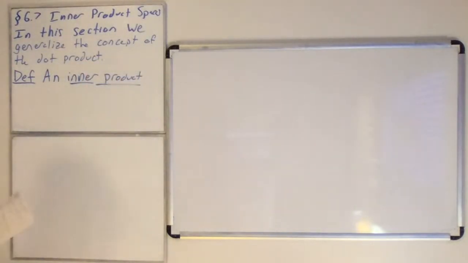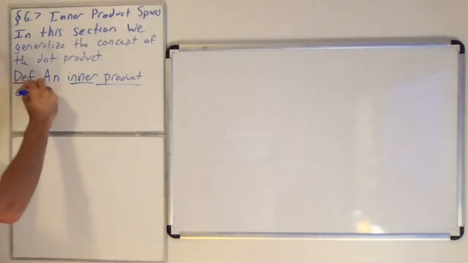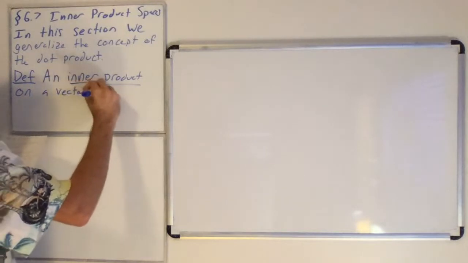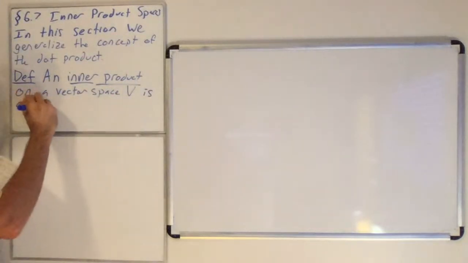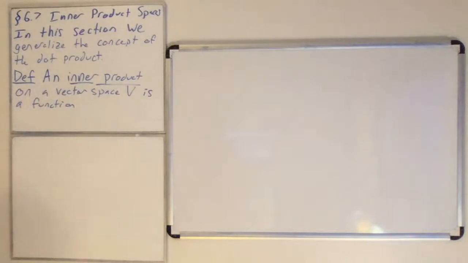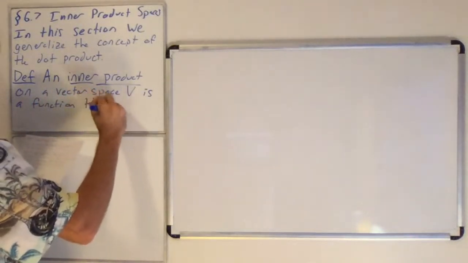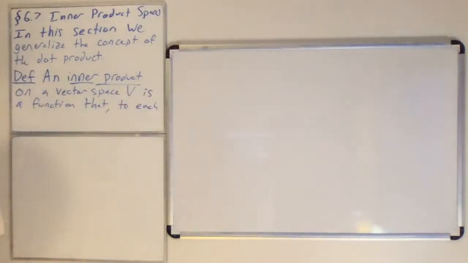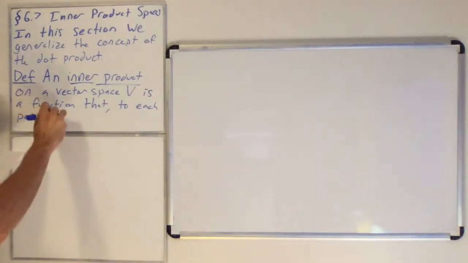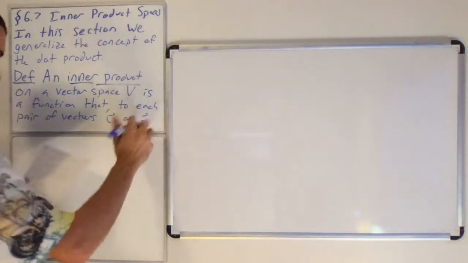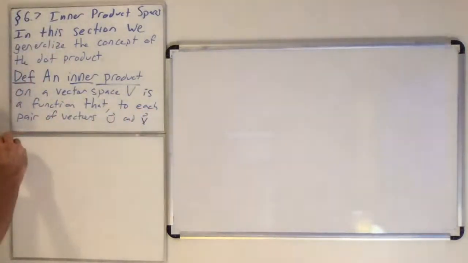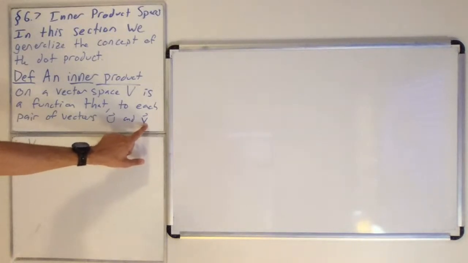So an inner product on a vector space V is a function that to each pair of vectors u and v in our vector space, it's going to input two vectors in our vector space, and it's going to output a real number.